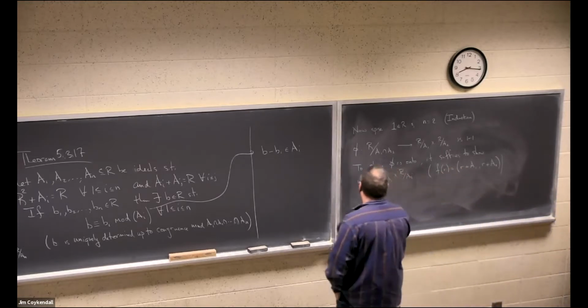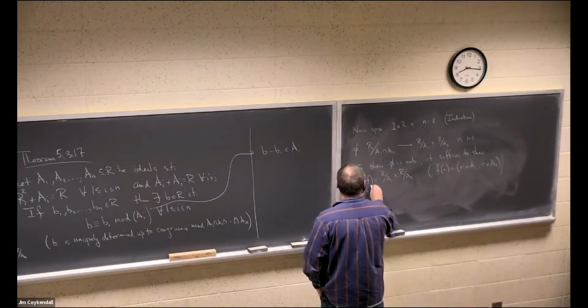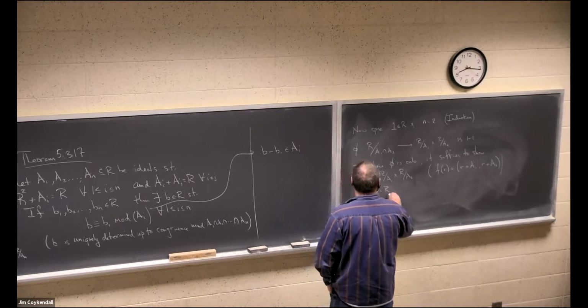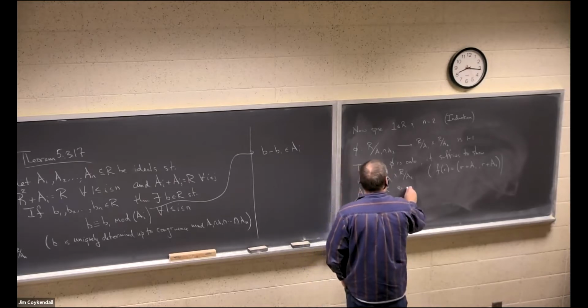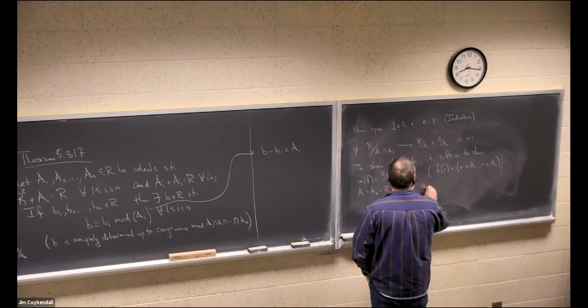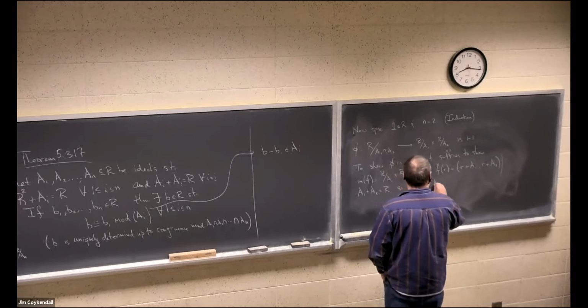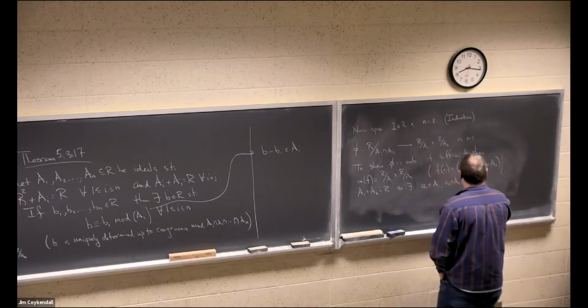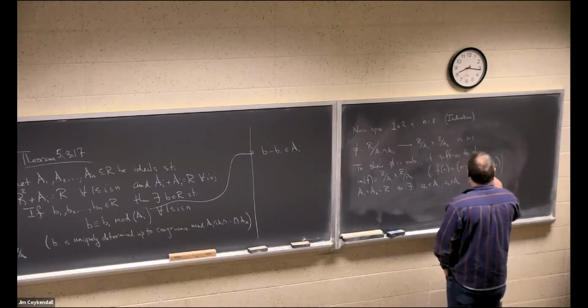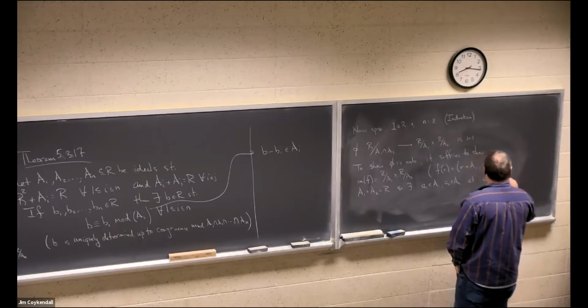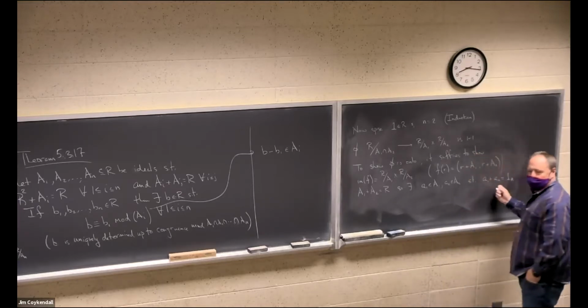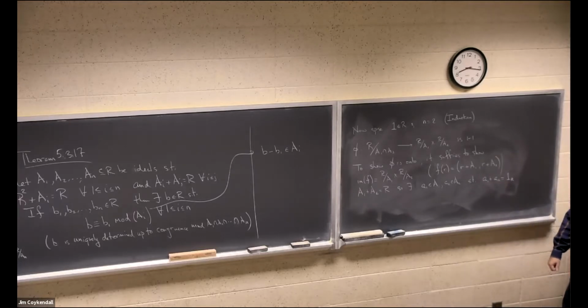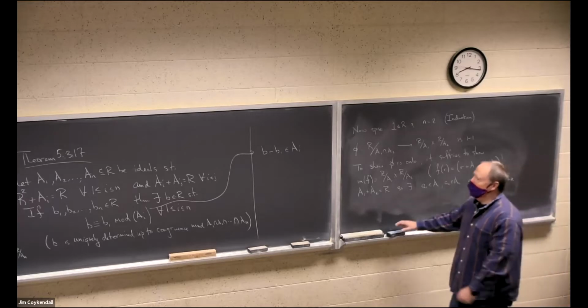Well, we know that A1 plus A2 is R. So there exist a1 in A1 and a2 in A2 such that a1 plus a2 equals 1. So there, I've used my little shortcut that R has the identity. Again, you can generalize to prove this; this gives you the idea.